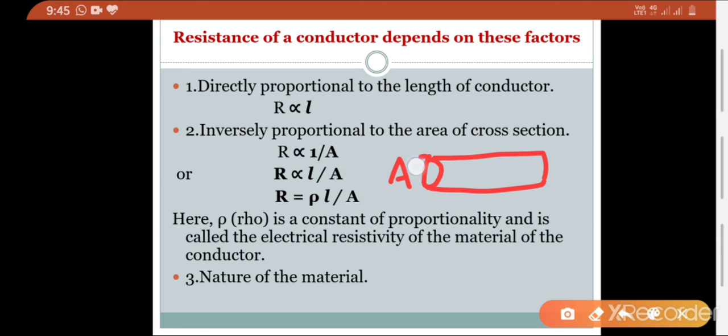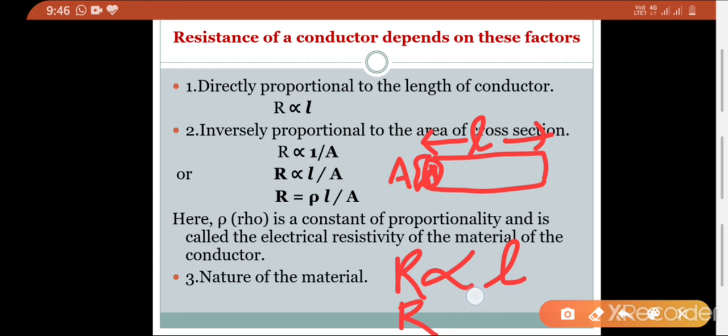So this is the cross section of the conductor, and this is the length L of the conductor. So mathematically we can write, R is directly proportional to the length of the conductor, and R is inversely proportional to the cross section area of the conductor.